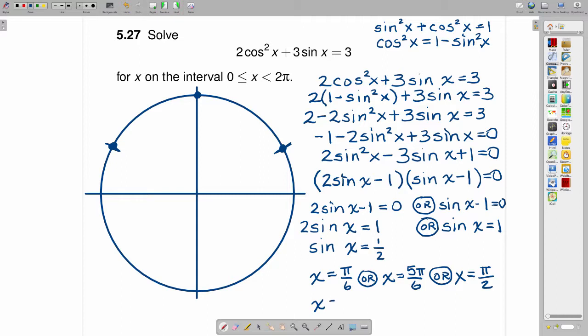This x is 30 degrees. This x is 150 degrees. And finally, the last x is 90 degrees.